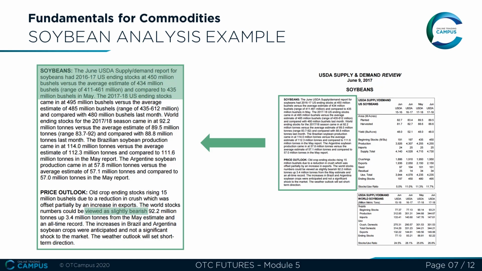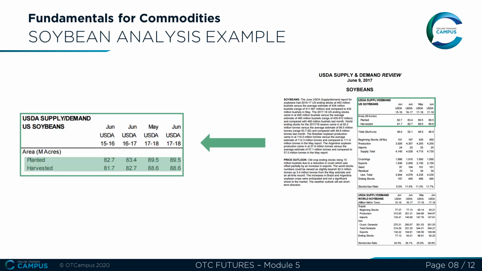So because it came in more than what was expected, that means there's more crop or more soybeans in this case. So there's more supply. What does that mean? Well, typically when there's more supply, prices start to fall. There becomes less demand ultimately, and price starts heading lower, becomes bearish because there is a surplus there. There was more than what was expected.